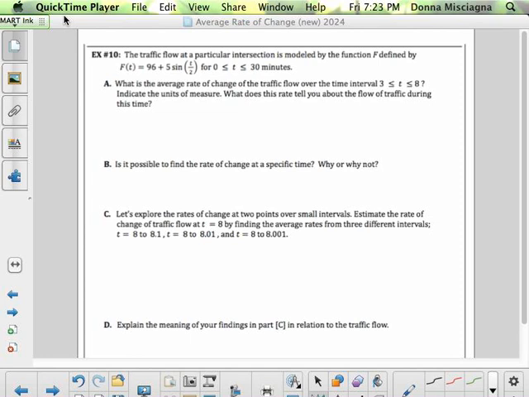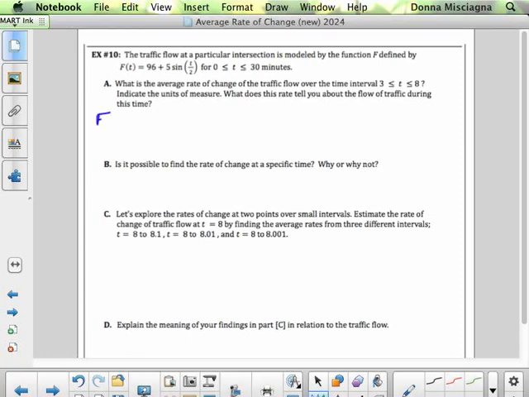So first, we want to find the average rate of change of the traffic flow over the time interval from 3 to 8. I'm going to put f of 8 down first, because when I do the computation, I'm going to have f of 8 minus f of 3.